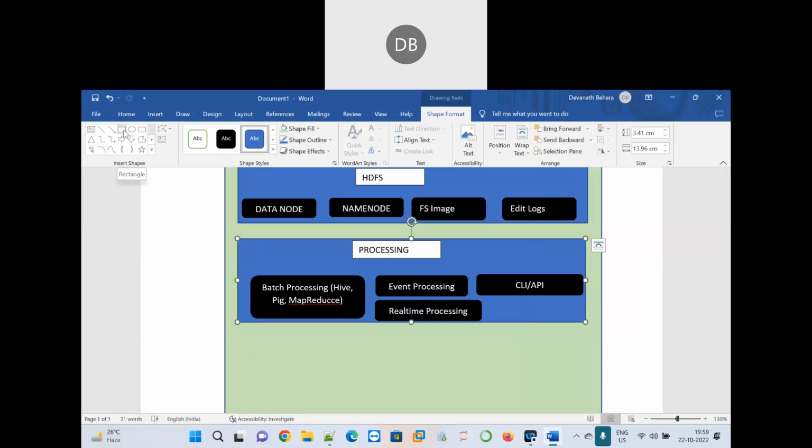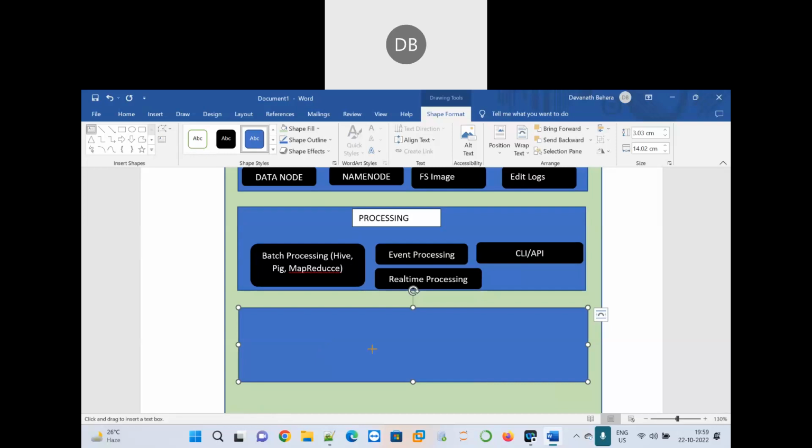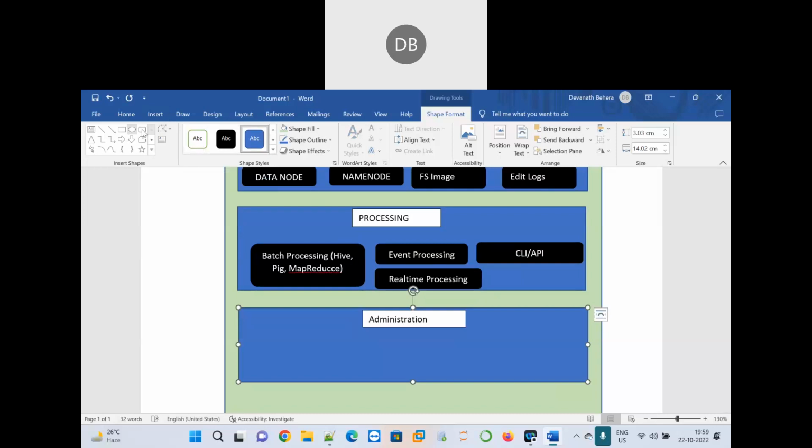Next, our administration layer. What are the different tools there for administration?